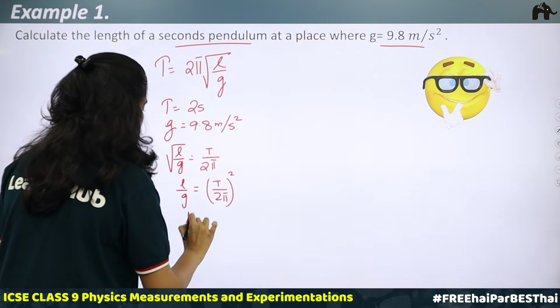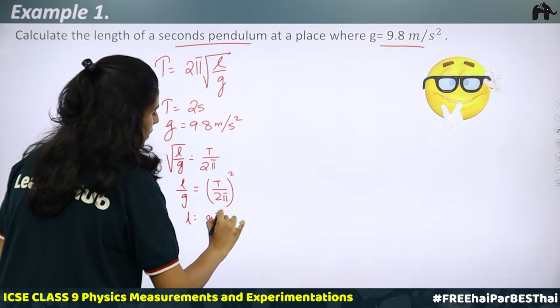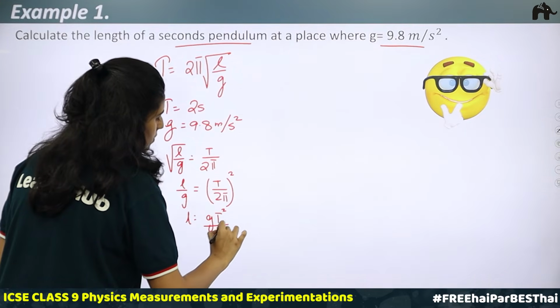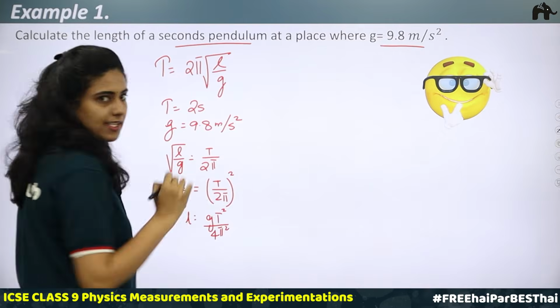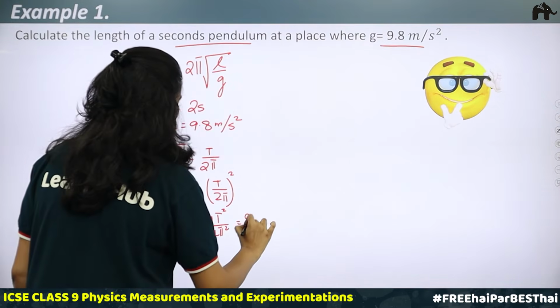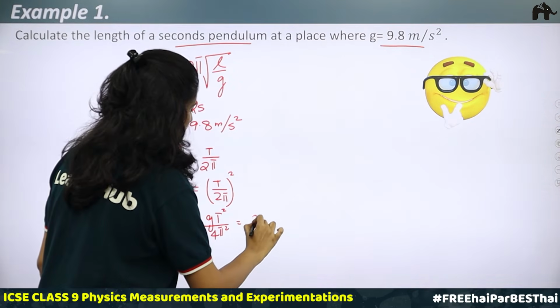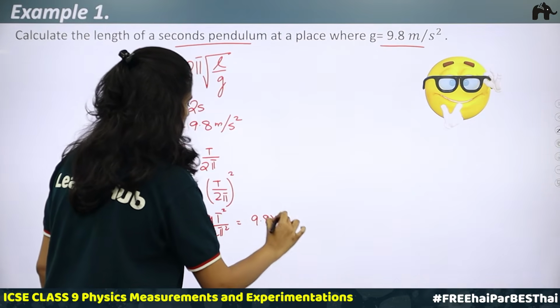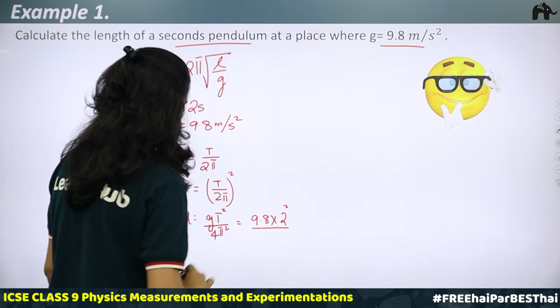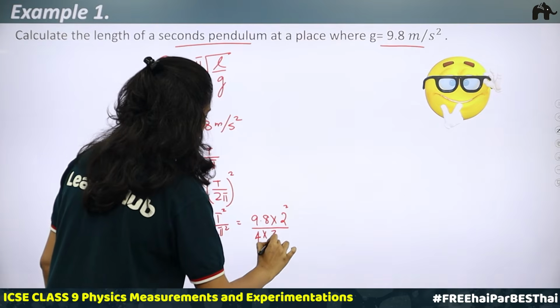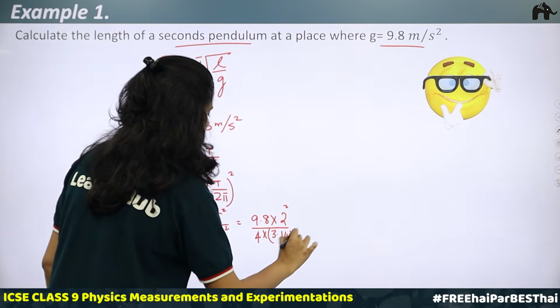Okay, and L will be equal to G T square divided by 4 pi square. 2 square is 4 and pi square. Now put the values. G is 9.8 into T square, which is 2 square, divided by 4 into 3.14 whole square.